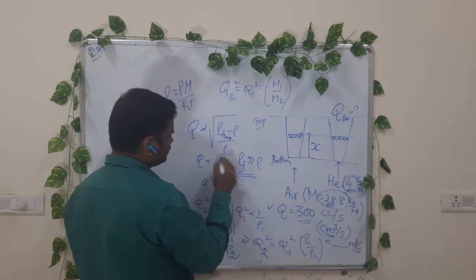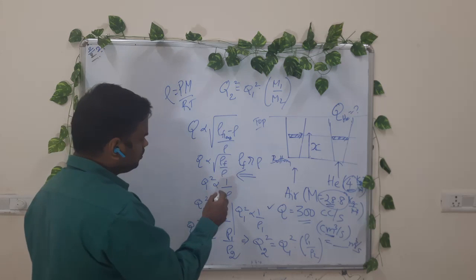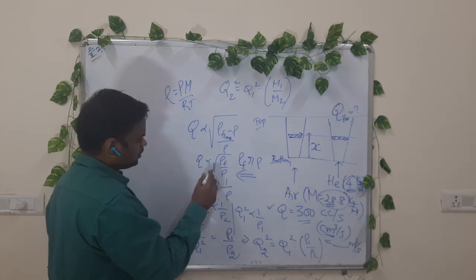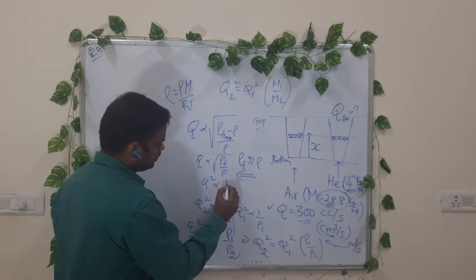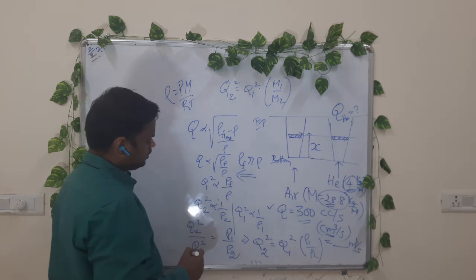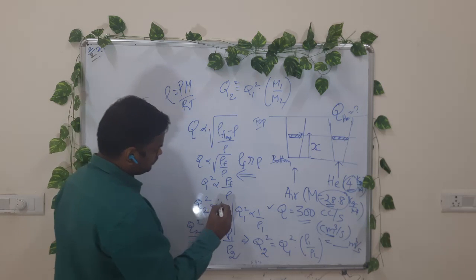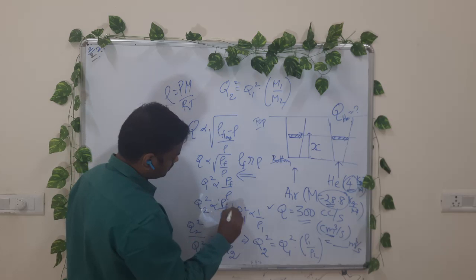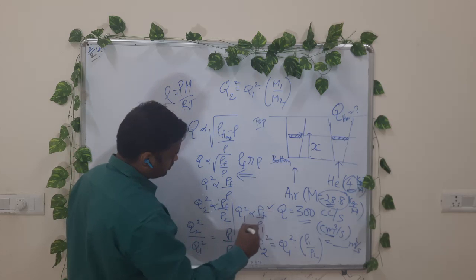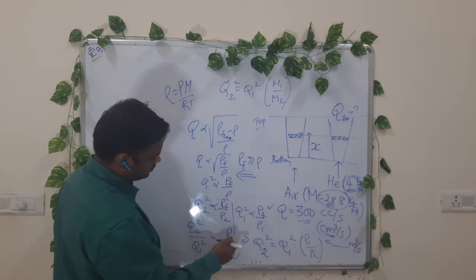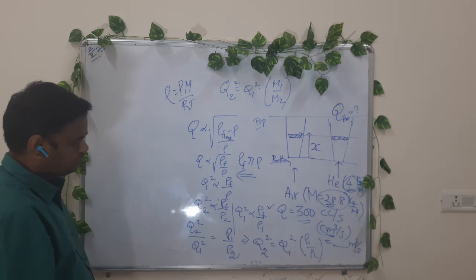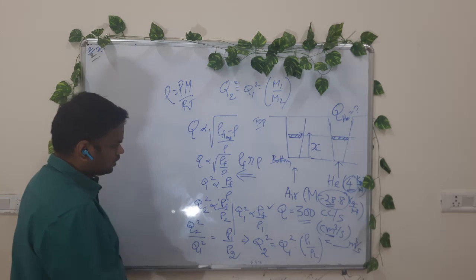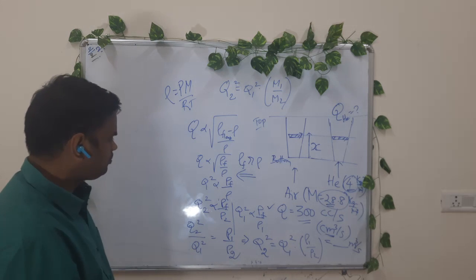That's why we get Q is proportional to root of rho F by rho, or you can say Q square is equal to rho F by rho. Rho F is the same, that's why when we take the ratio, it simplifies to rho 1 by rho 2. Rho F gets cancelled.